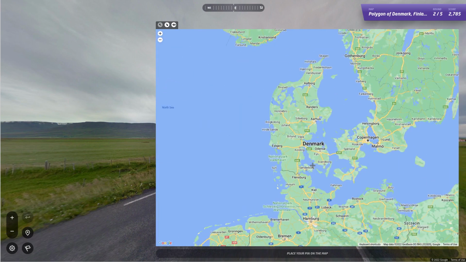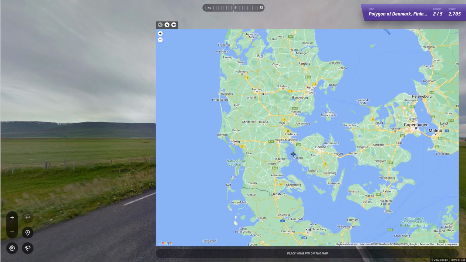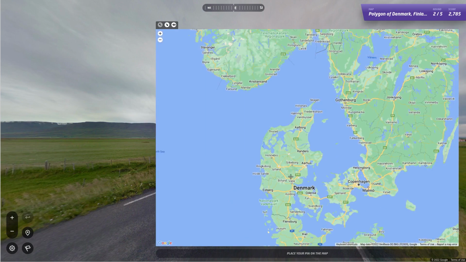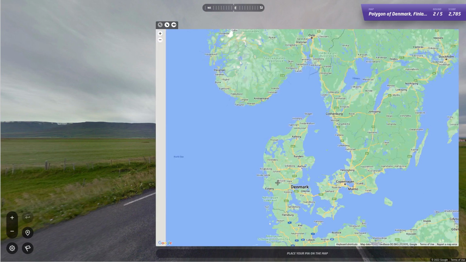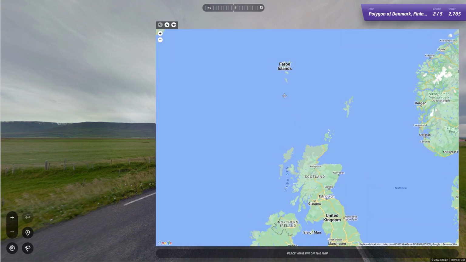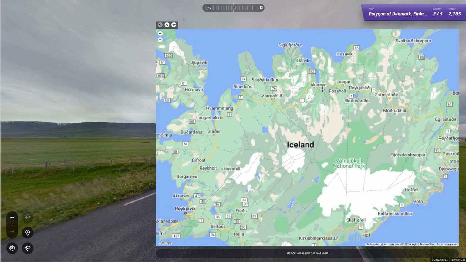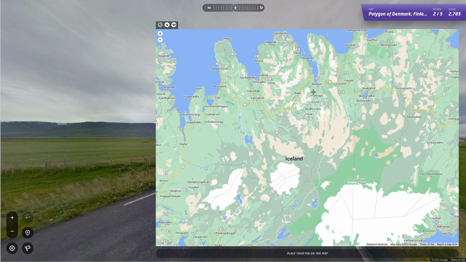And in Denmark, you should remember Odense, which is here on Fyn Island, and then the bigger ones, Aarhus and Aalborg. These are good to memorize. And from Iceland, of course, the capital Reykjavik, and then Akureyri, which is here.